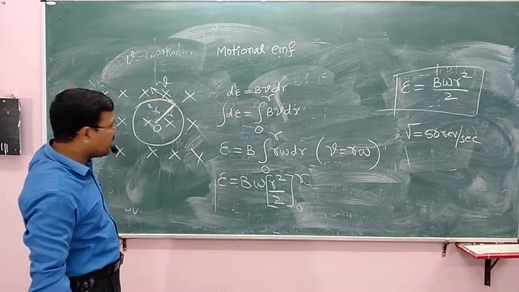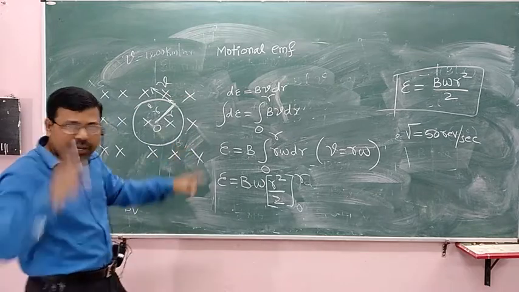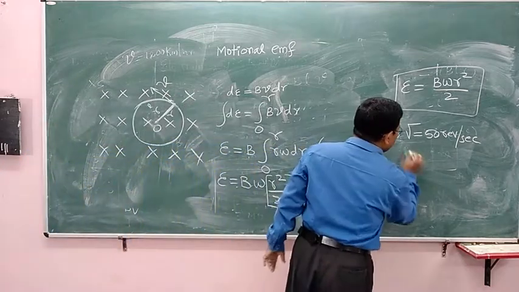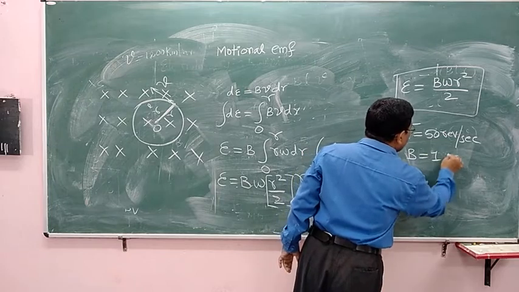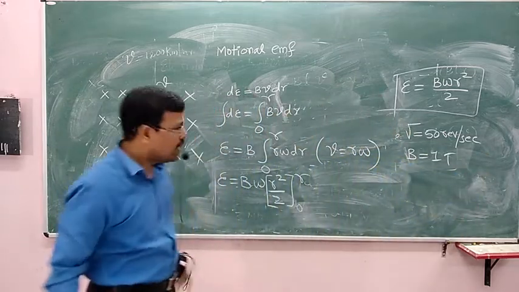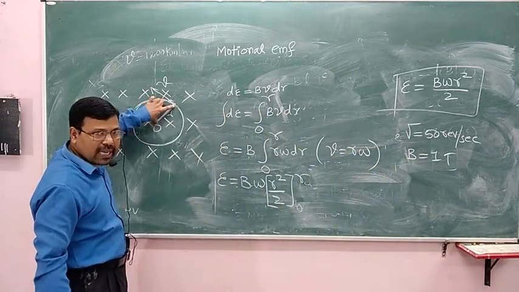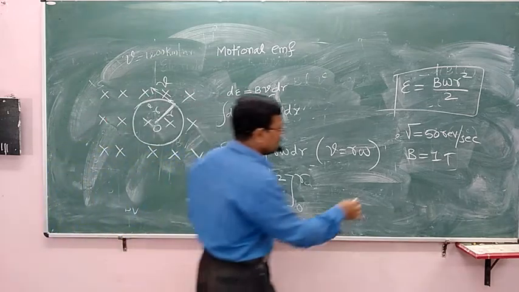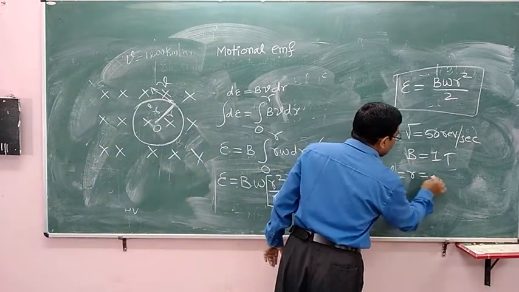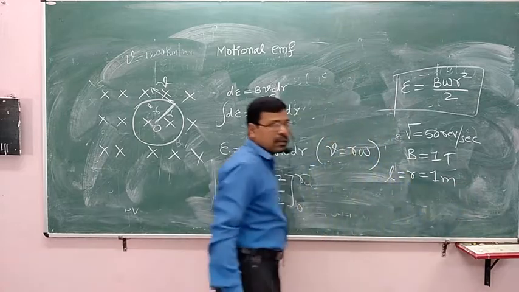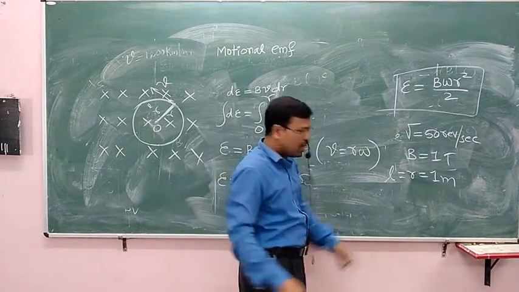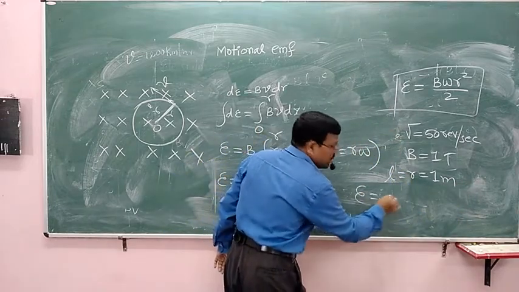If the magnetic field is 1 Tesla, and the length of this conductor, L or r, is 1 meter, substitute in this formula and you can calculate the induced EMF.